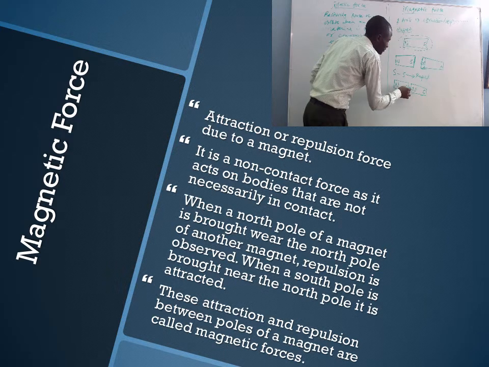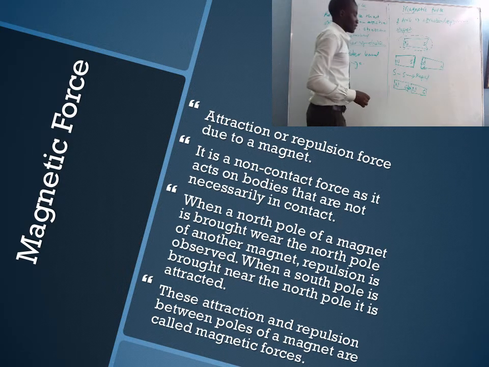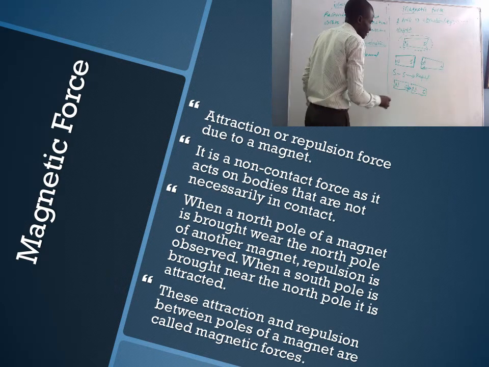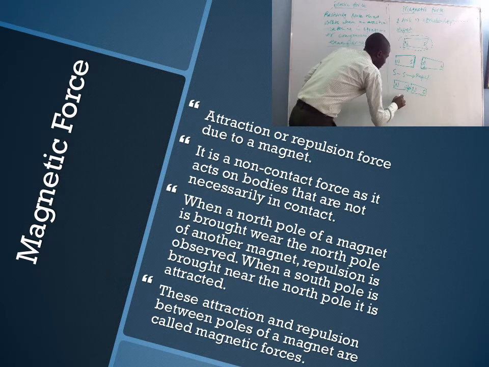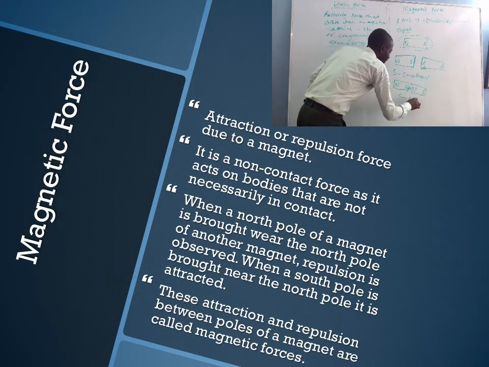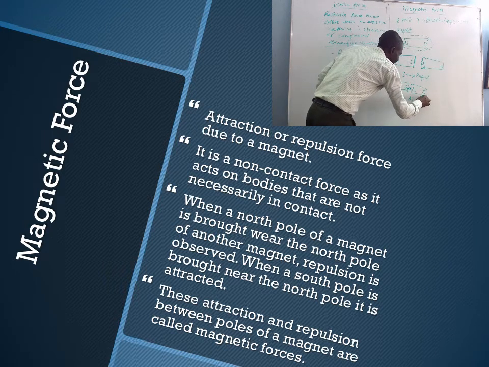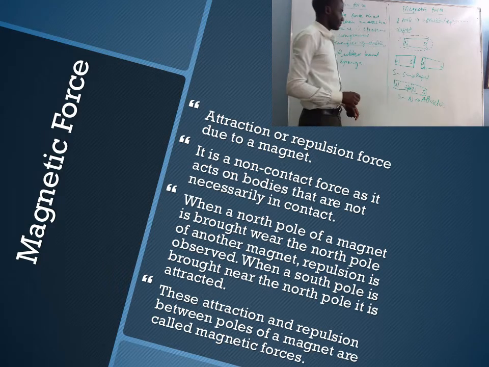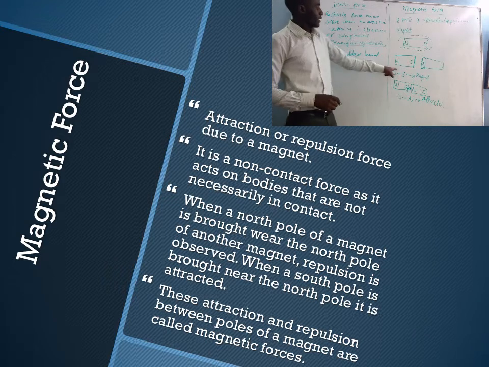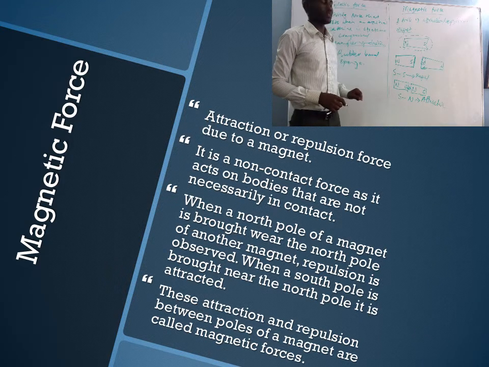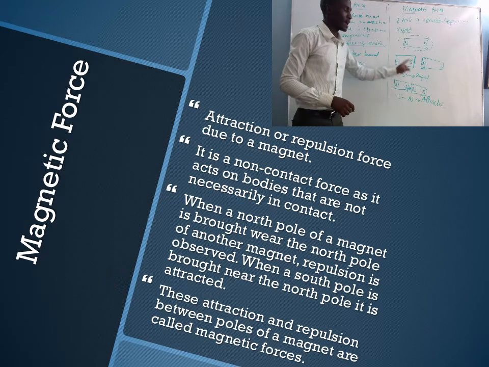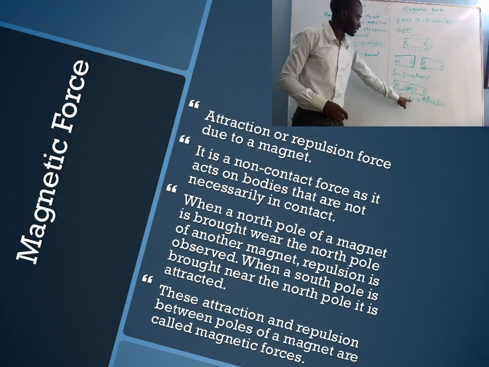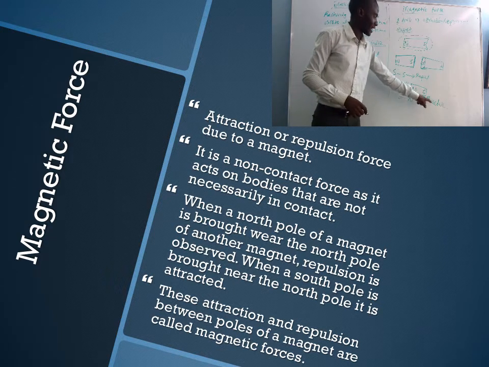The first one will be attracted towards the second one, as well as the second one towards the first. So in this second diagram, attraction occurs. Why? Because the south pole and the north pole are unlike. In other words, a south pole and a south pole, or a north pole and a north pole, experience repulsion, while a south pole and a north pole experience attraction.